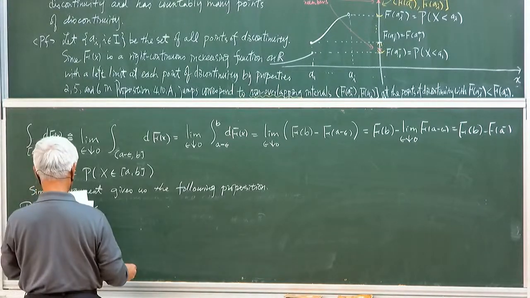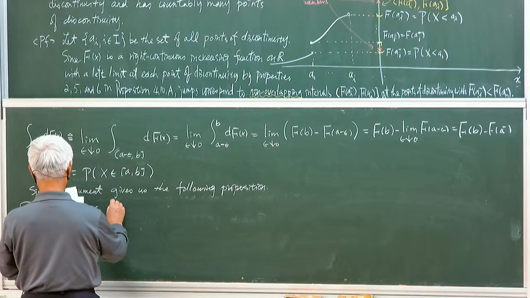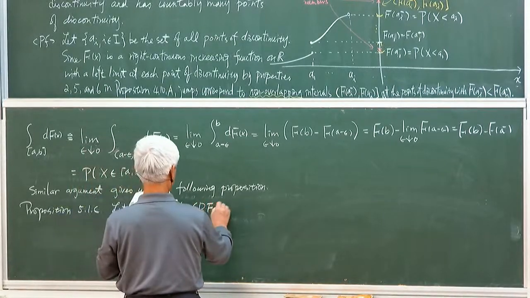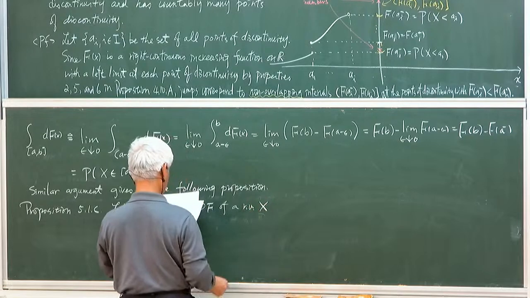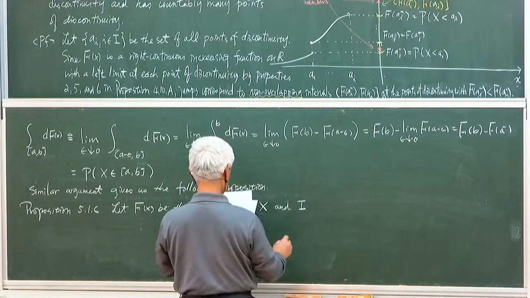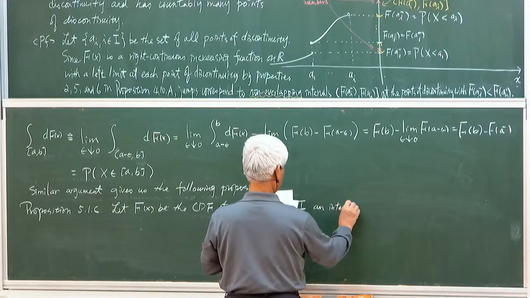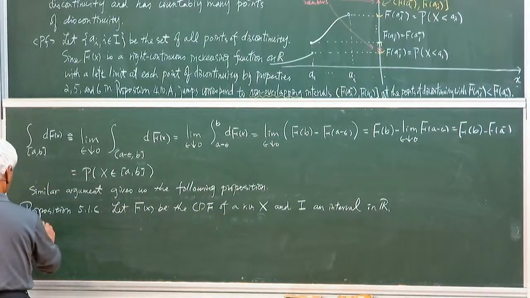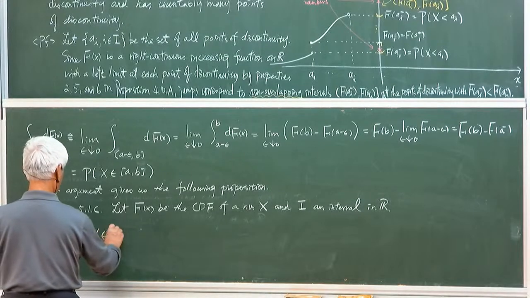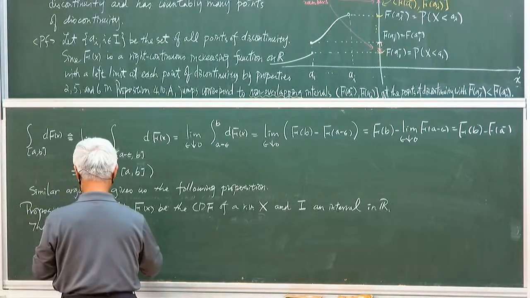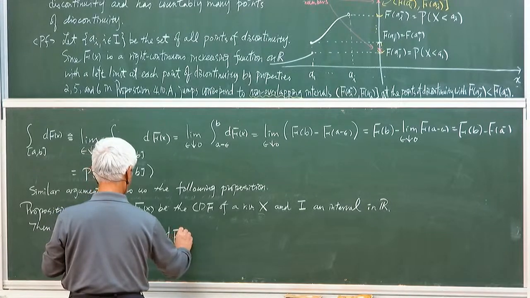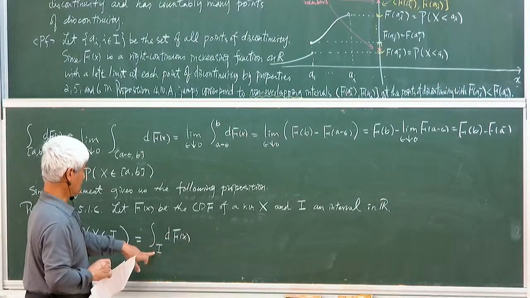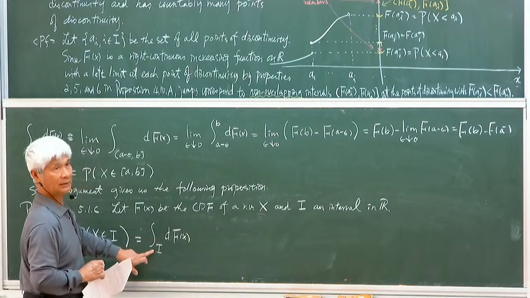So let f of x be the CDF of a random variable x, and I an interval in R. Then the probability of x in I is actually equal to the Riemann-Stieltjes integral of 1 with respect to the CDF over the interval I. So the notation is here. Okay.